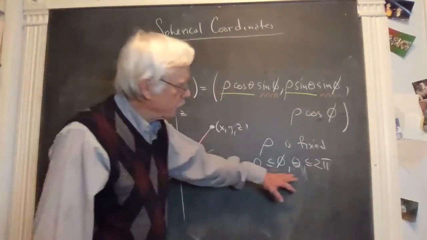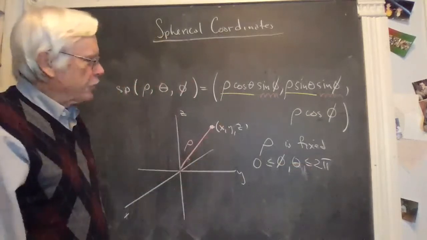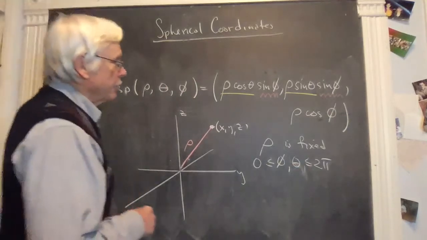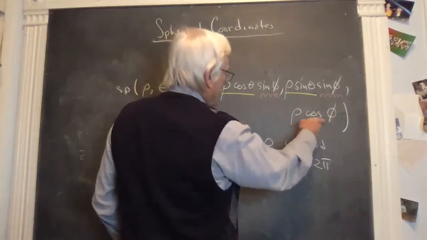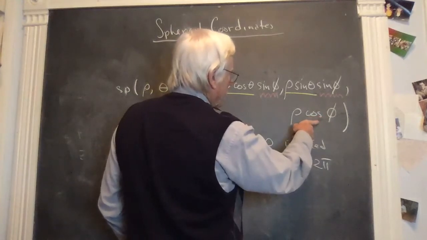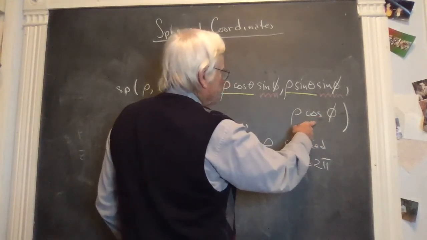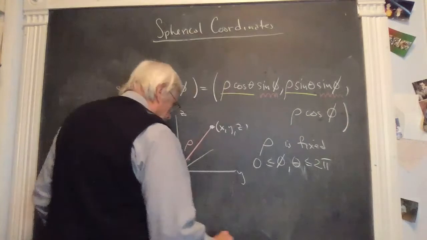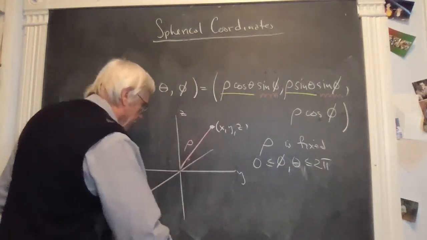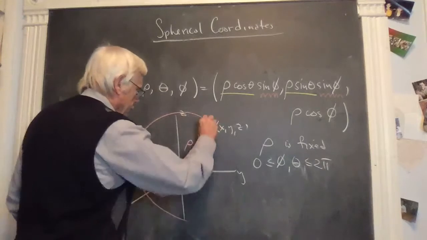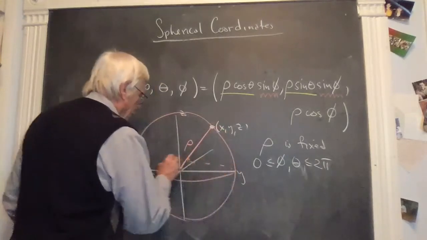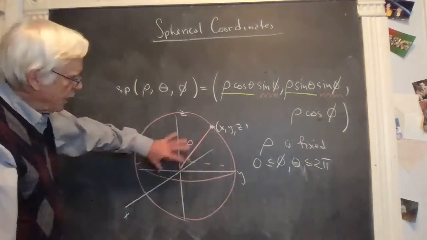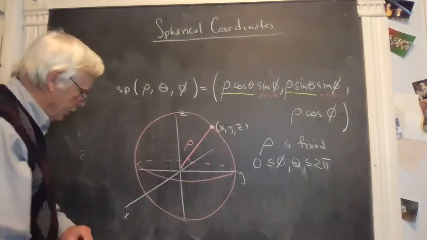We won't use both going between 0 and 2 pi, but just if you did, what would you get? Since rho is fixed, this takes on all possible values between, well, cosine can be anything between -1 and 1, but the distance remains the same. So what you're going to get if rho is fixed is a sphere of radius rho centered at the origin. So if you fix rho and then let the others vary, this is the picture that you get.